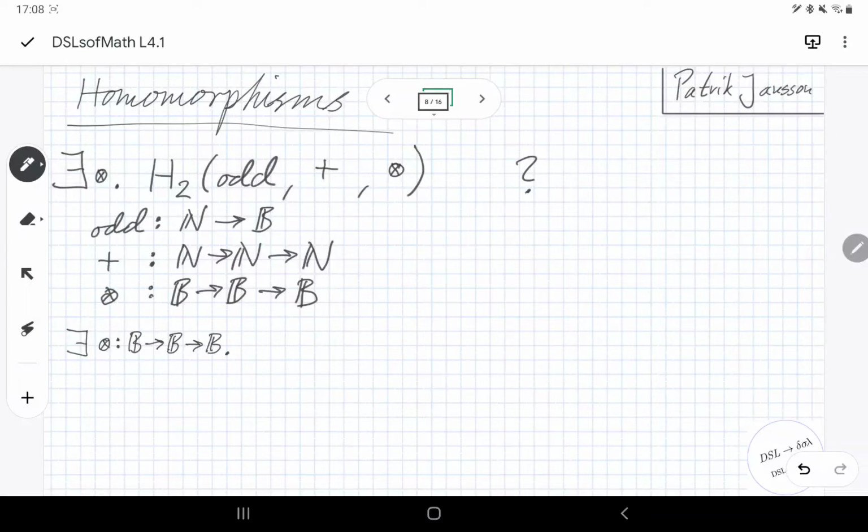There should exist such an operator, and then I expand the definition of h2. And h2 says odd of x plus y equals the cross operator of odd x and odd y.